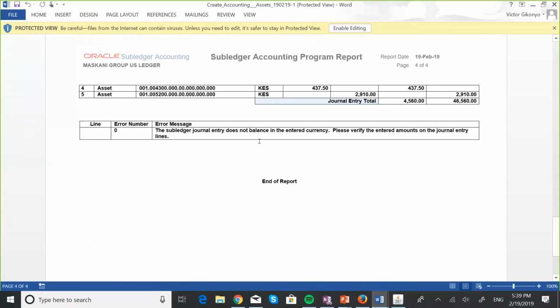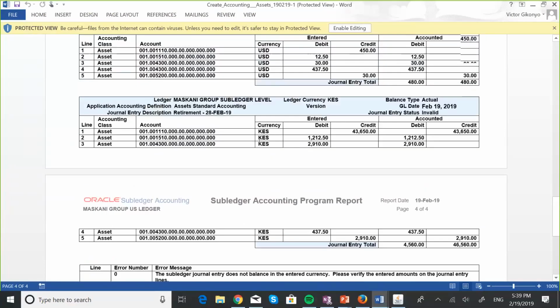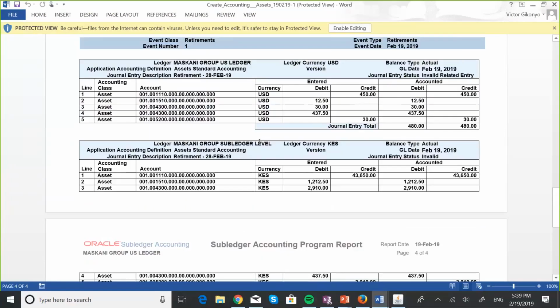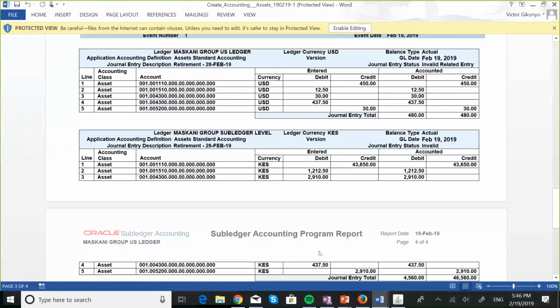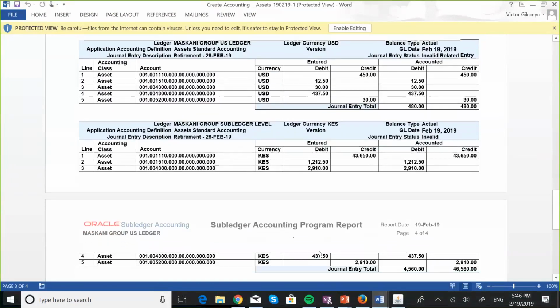Subledger journal entry. Okay, so let me take a look at it and we will resume. So we have identified the issue, but I haven't been able to figure out what the solution is.